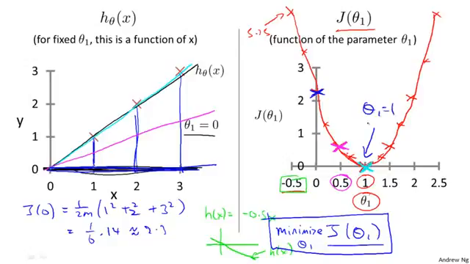And lo and behold, that is indeed the best possible straight line fit to our data. By saying theta 1 equals 1, and just for this particular training set, we actually end up fitting it perfectly. And that's why minimizing J of theta 1 corresponds to finding a straight line that fits the data well.